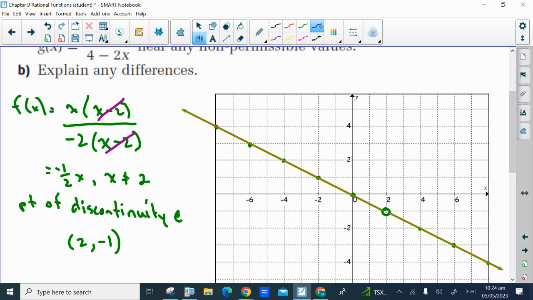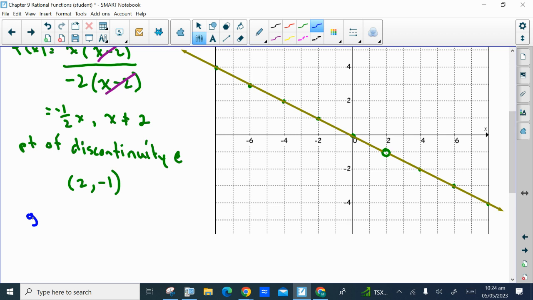Now we will do g of x. There's a common factor of x on top, which gives us x plus 2. If I take out a common factor of negative 2 on the bottom, again, we'll get x minus 2. The factors don't cancel. They're not the same.